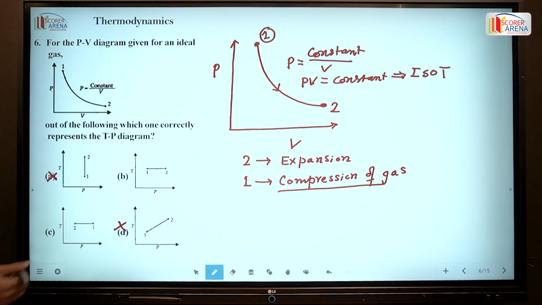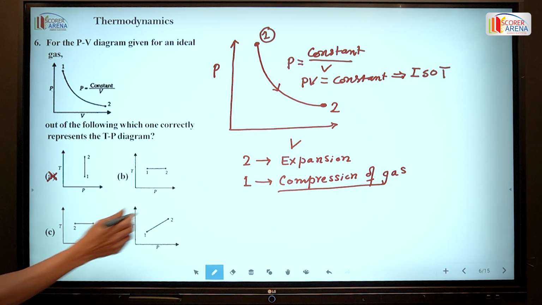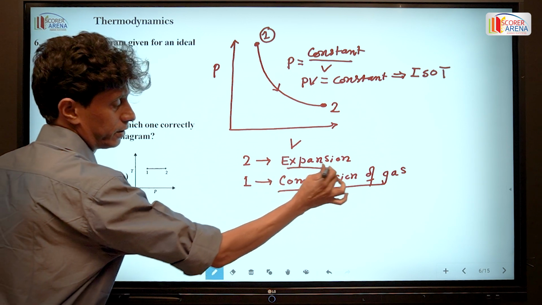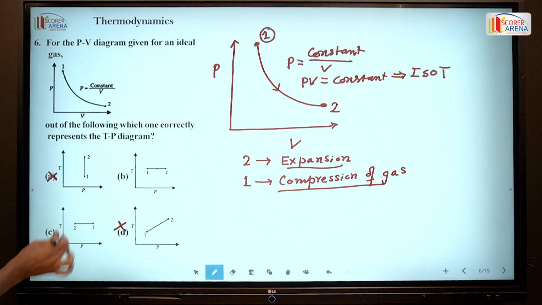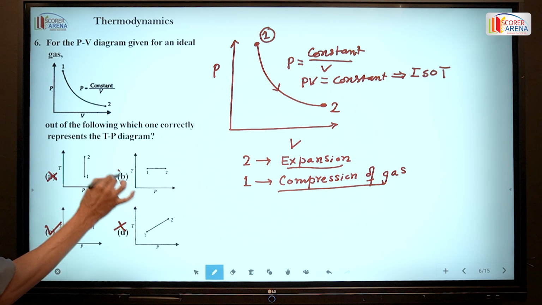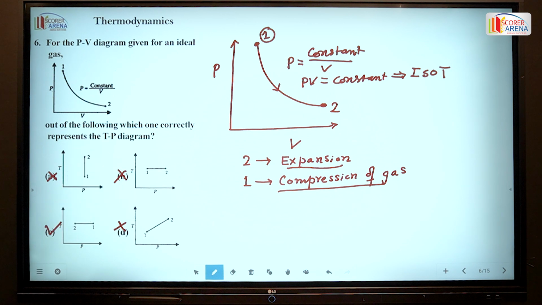And number 2 means expansion. In option C, 2 means pressure decreasing, hence the volume of the gas is increasing, so expansion of the gas. So option C is the right option and we need not check option B.